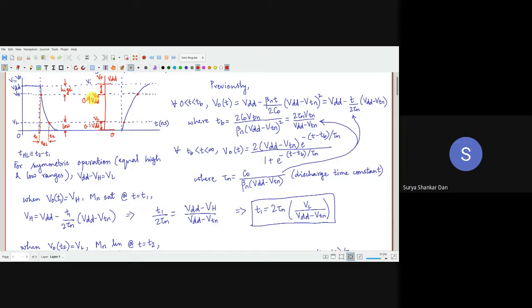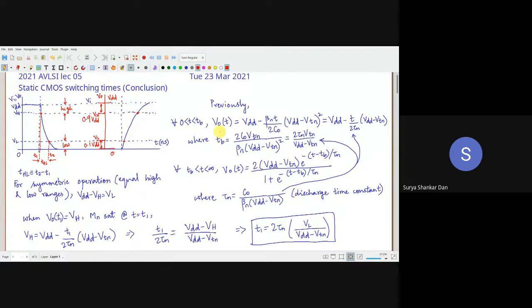Once we decided on this 0.1 and 0.9, we could reach this analysis in a much simpler way using the RC network. But instead of the RC network, we are trying to find the exact variation of these things.